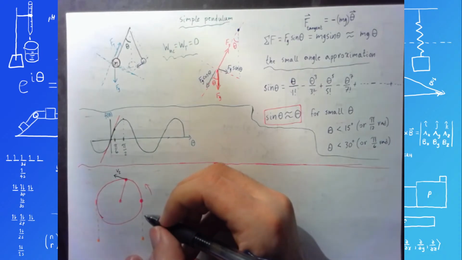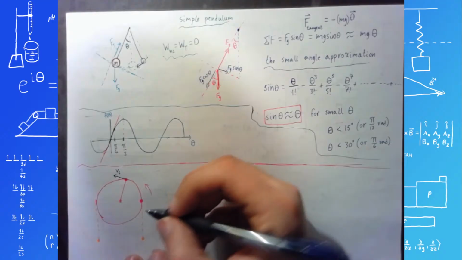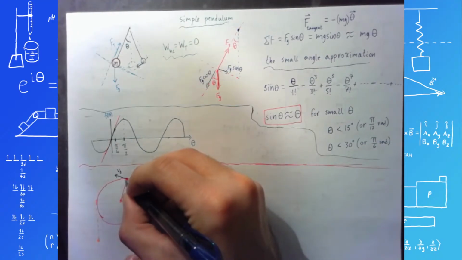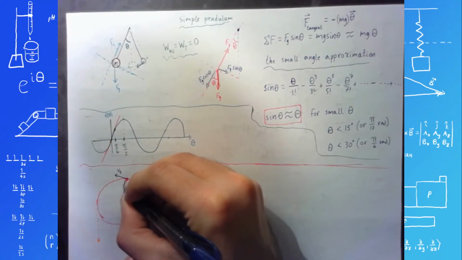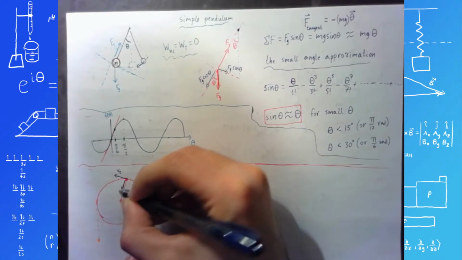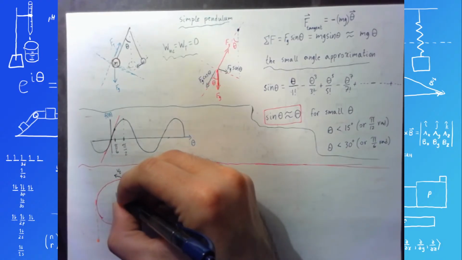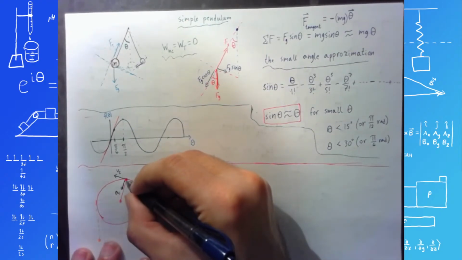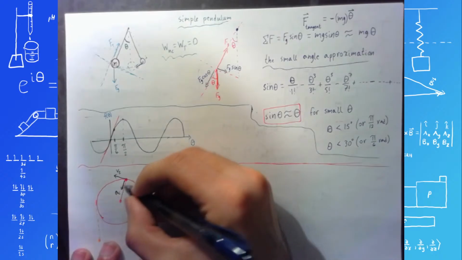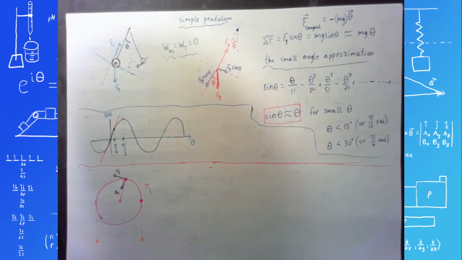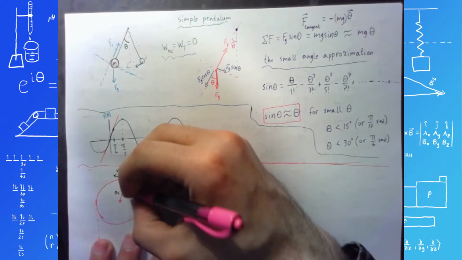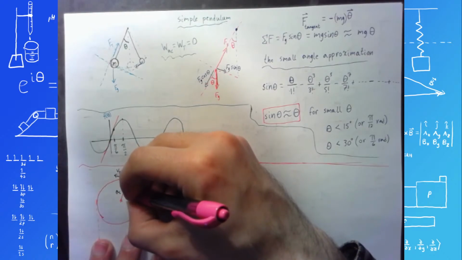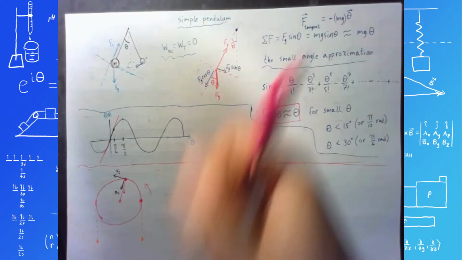Of course, it's also going to have a centripetal acceleration pointing towards the center at any given time. So that's your a centripetal. And this pink distance over here is just the radius r, the radius of the turn.